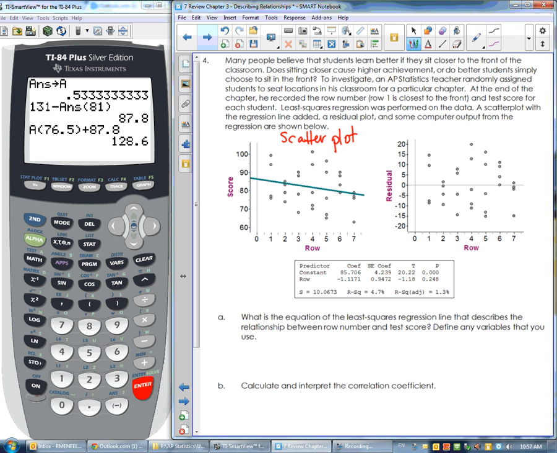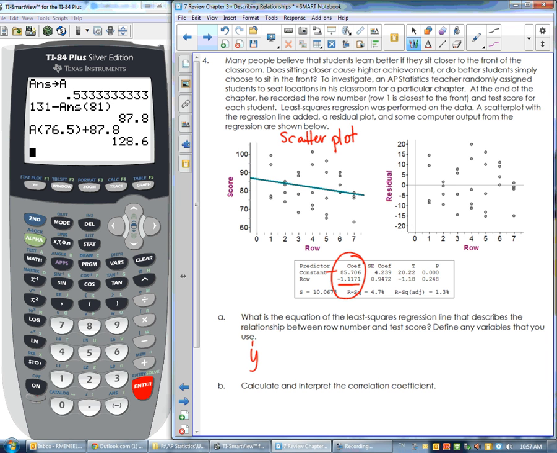Okay, so if you remember from the output, we're really only going to be focusing on the coefficient column. And remember, the number that is next to the word constant is always going to be your y-intercept. And then the row, that's going to be our x variable. The coefficient of our x variable, obviously, is going to be our slope.